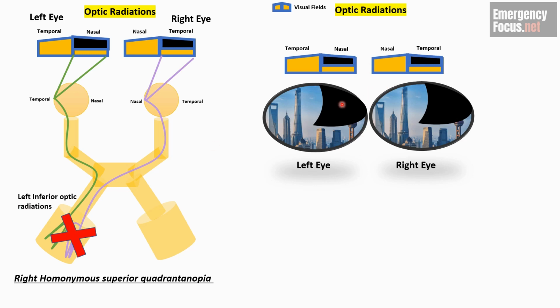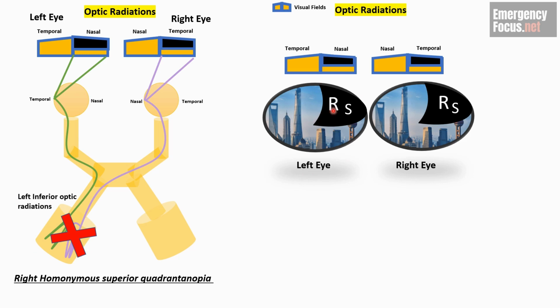So can we see now how I have pretty much divided my whole visual field into four, we can say 1, 2, and if I trace another line here, it will be 3 and 4. So this person somehow has an impairment on the left inferior optic radiations and is not able to see on the superior right side. Great.